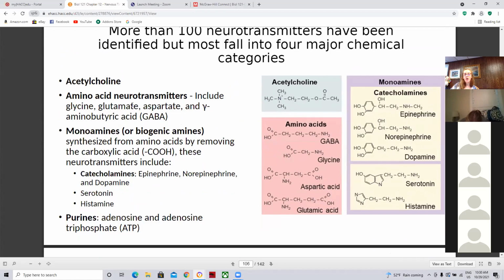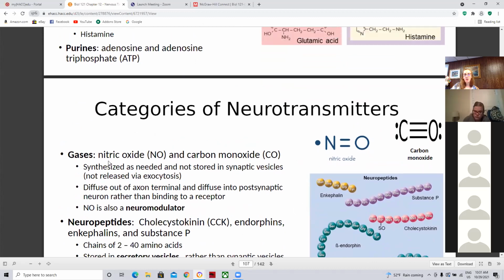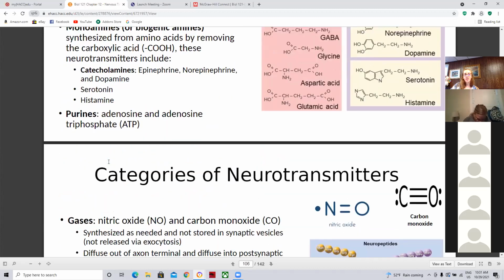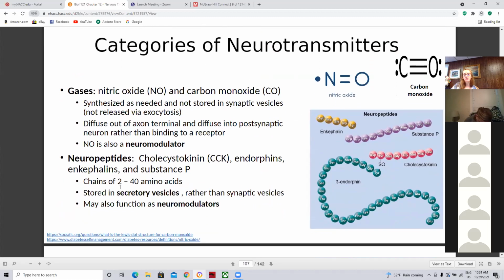We have amino acid neurotransmitters, monoamines, purines, gases, and neuropeptides. We know what a neuropeptide is: a tiny protein that's going to work as a neurotransmitter.